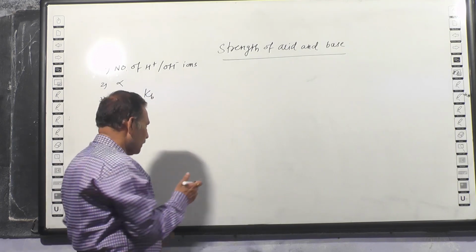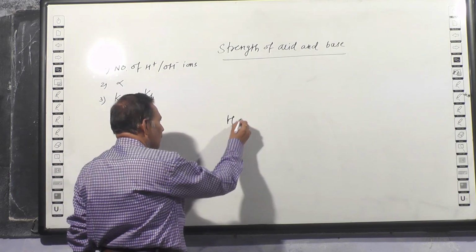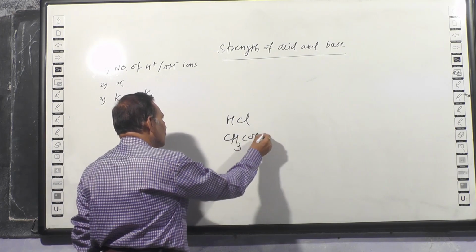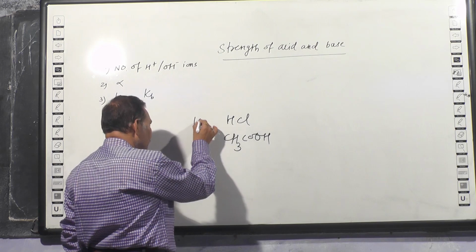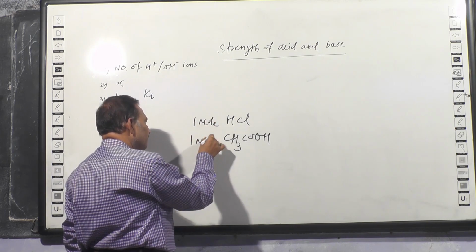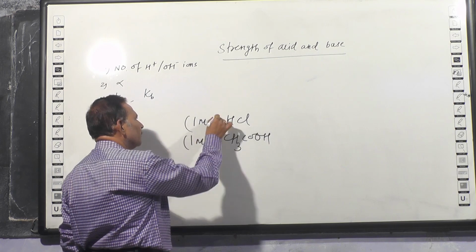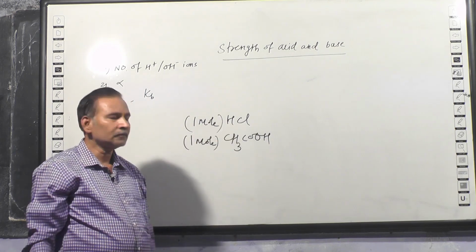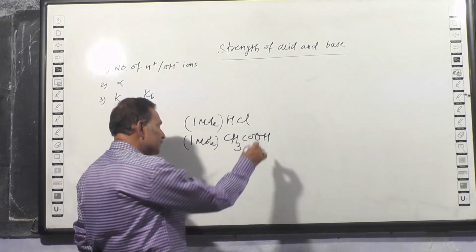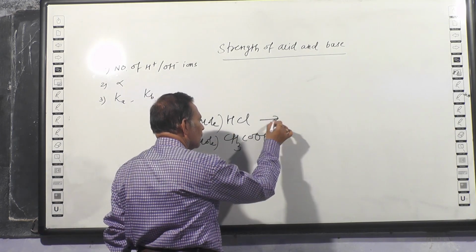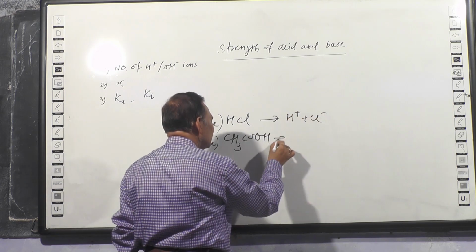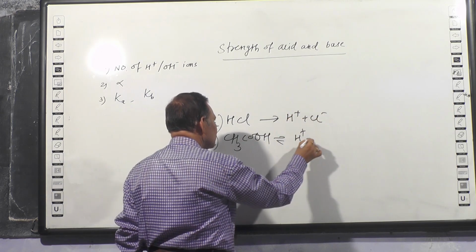So if you try to compare HCl and acetic acid, for this we have taken 1 mole, and for acetic acid also we are taking 1 mole. But at equilibrium, what is observed? In case of HCl, H plus ions are more, and in case of acetic acid, H plus ions are less.